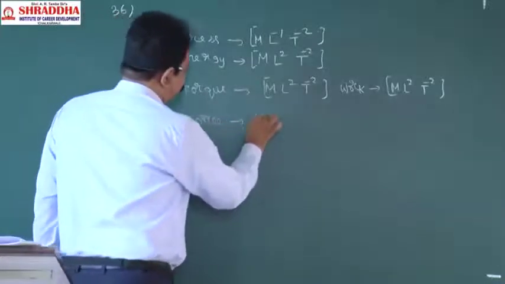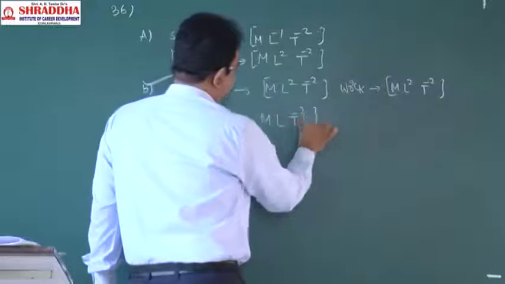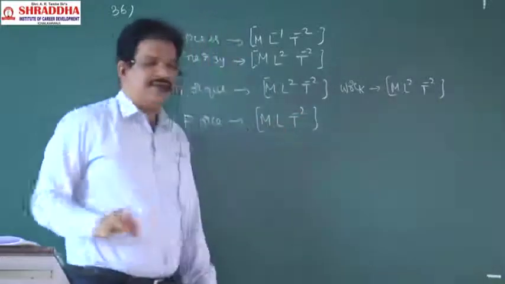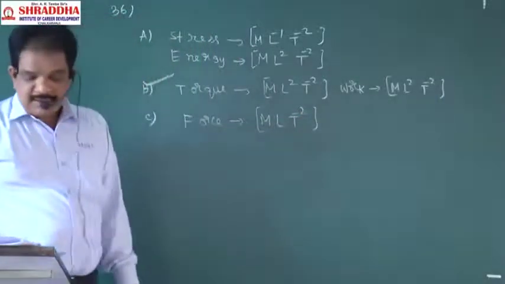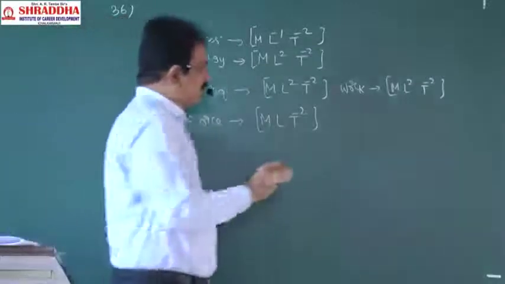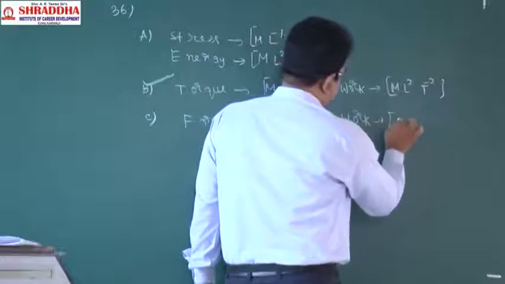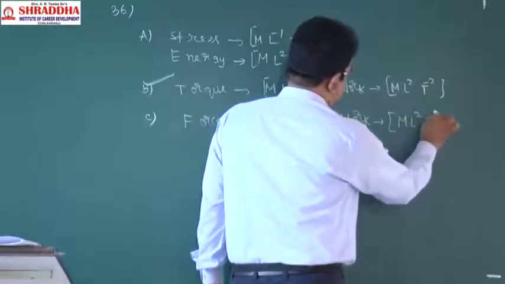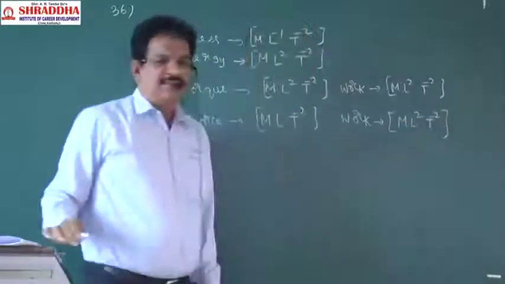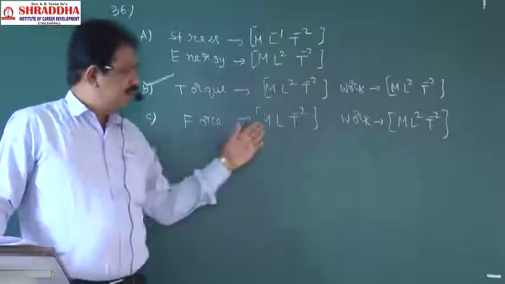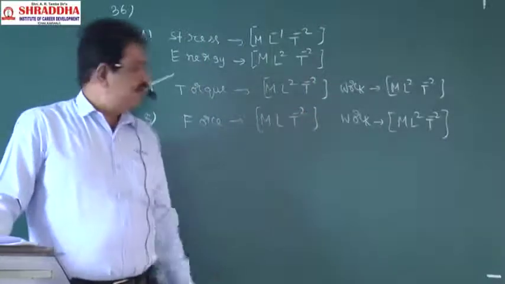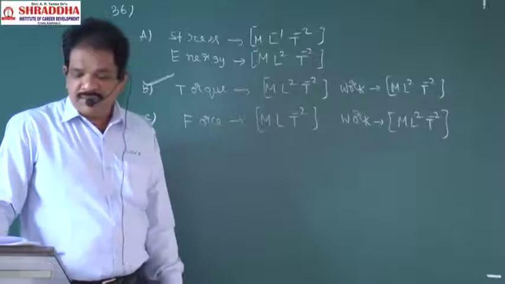Force dimensional formula M L T power minus 2. Work dimensional formula M L square T power minus 2. These two do not have the same dimensional formula.